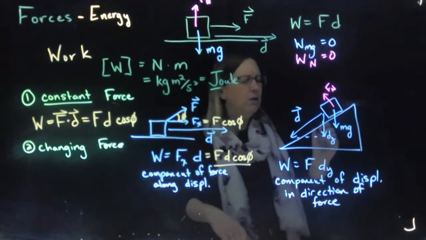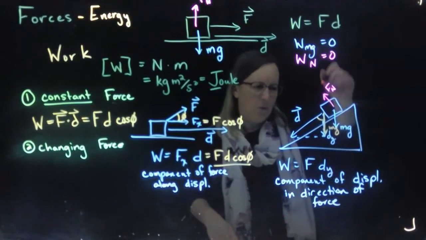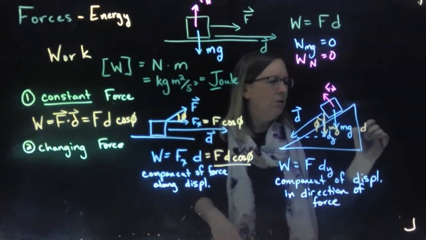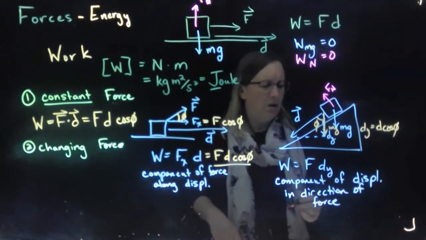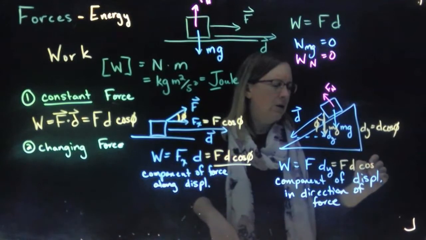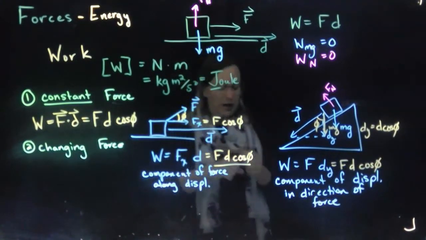Over here, this right here is the angle between the displacement and weight. Weight is down, displacement is that way. But dy, if we look, is equal to d cosine of the angle. So this becomes force times d times cosine of the angle. The same expression, which is exactly what we have here.